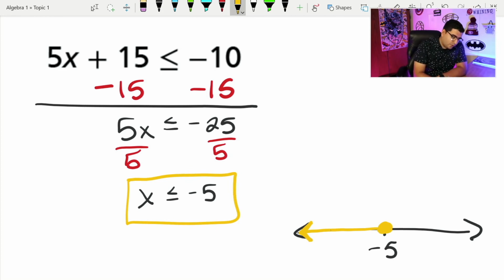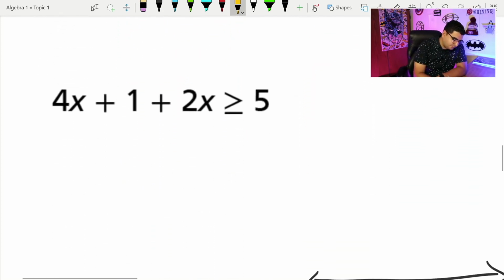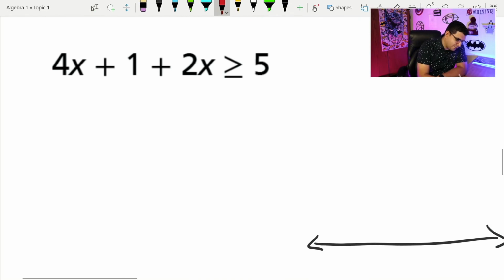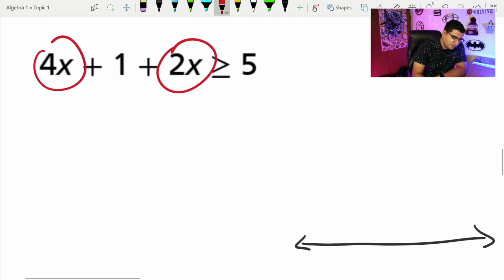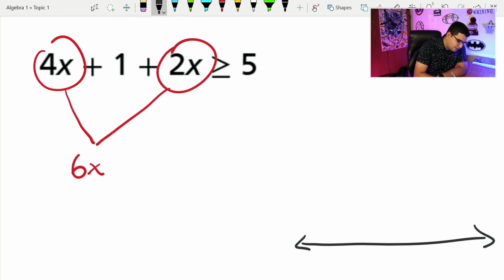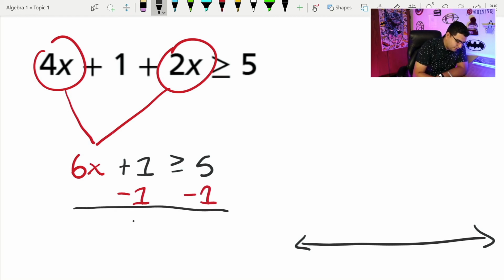Let's go ahead and do one more example. Here I have to combine like terms, the 4x and the 2x. 4x plus 2x would get me 6x, plus 1 is greater than or equal to 5. I can then subtract 1 from both sides. That'll leave me with 6x is greater than or equal to 4.